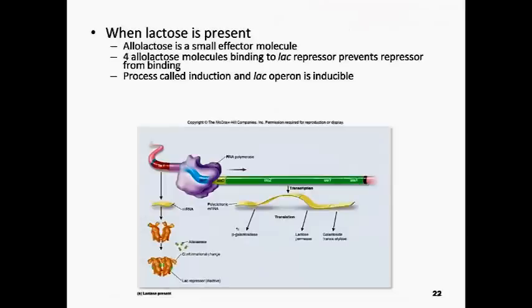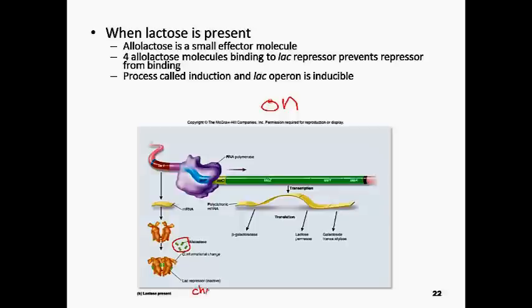All right. So now, what happens when the environment shifts? What happens when the substrate is now available? I need to turn this on because I need to bring in the lactose and I need to metabolize it so the bacteria can get energy. Well, we still have expression of lac I. That has not changed. But what has changed is the activity of the repressor, because the production of allolactose by the few molecules of beta-galactosidase that are present in the cell is going to inhibit the repressor.